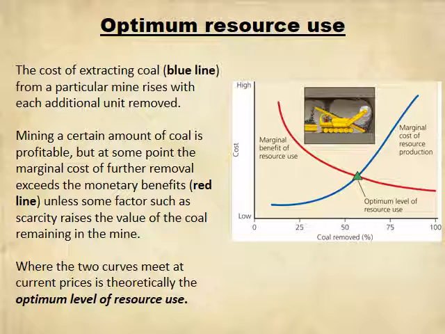So it's profitable to mine coal, but at some point, the marginal cost of further removal to get that itty bitty bit that's left in is going to be more of a problem than it is to then bring the amount that you got out afterwards to market. So where these two curves meet, you have your optimum level of resource use. When you're at that point, that's kind of when you should call it quits, because for you to go further, it's not going to benefit you when it comes to monetary terms.